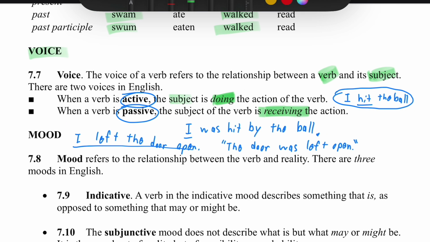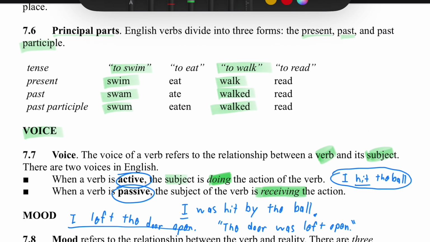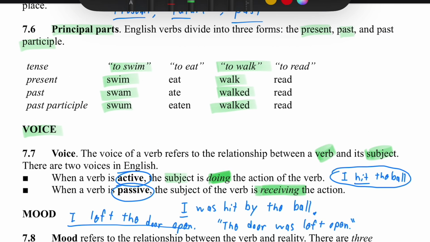Or perhaps rather than I ate the cake, I could just say the cake was eaten. Or in the case, again, of these participles, principal parts here, and specifically the past participle, something just happened. So rather than I broke the clock, or I broke the very valuable vase, I would say the valuable vase was broken.